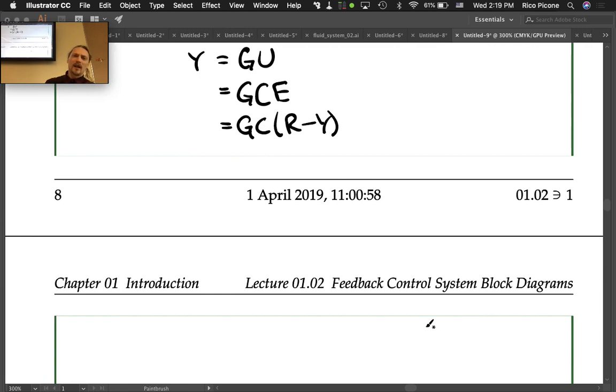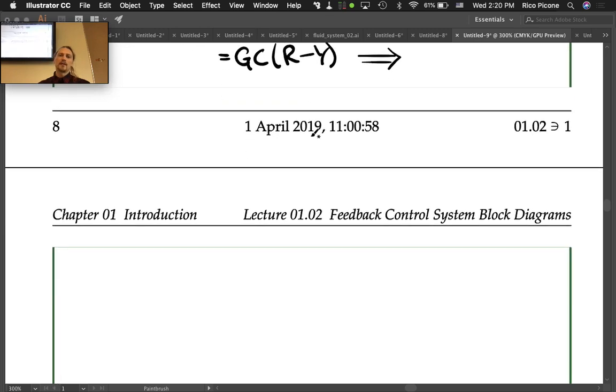So we can solve for Y by bringing this Y term over to the left-hand side. We have Y plus GCY equals GCR.